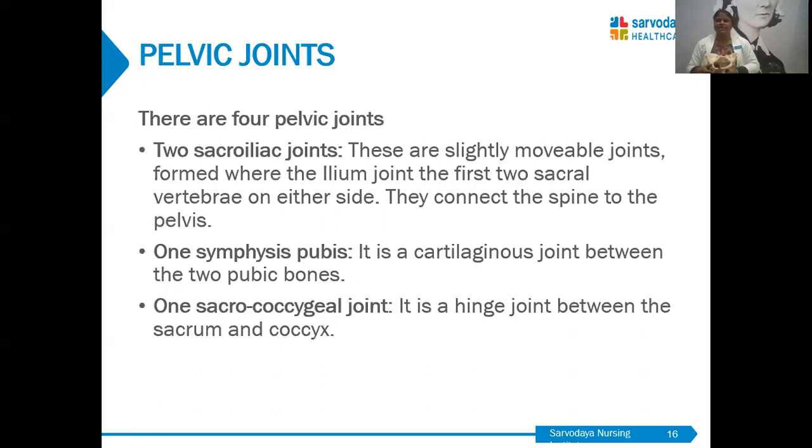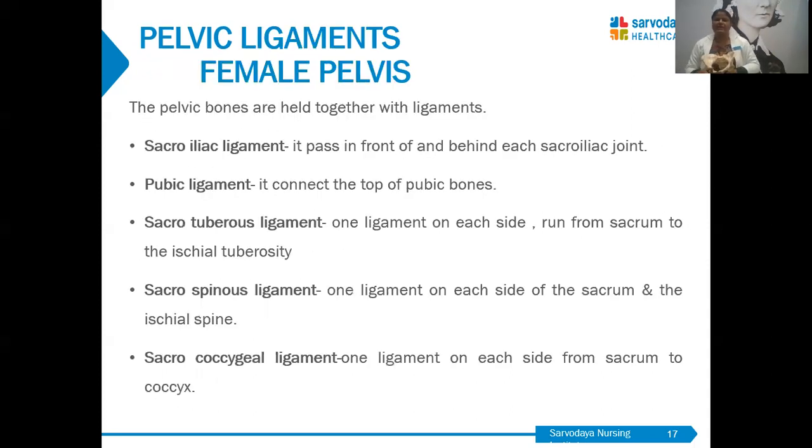Pelvic joints. What is a joint? Where two bones join with each other is called a joint. So in the pelvis there are a total of 4 pelvic joints: 2 sacroiliac joints, 1 symphysis pubis joint and 1 sacrococcygeal joint. Then ligaments.